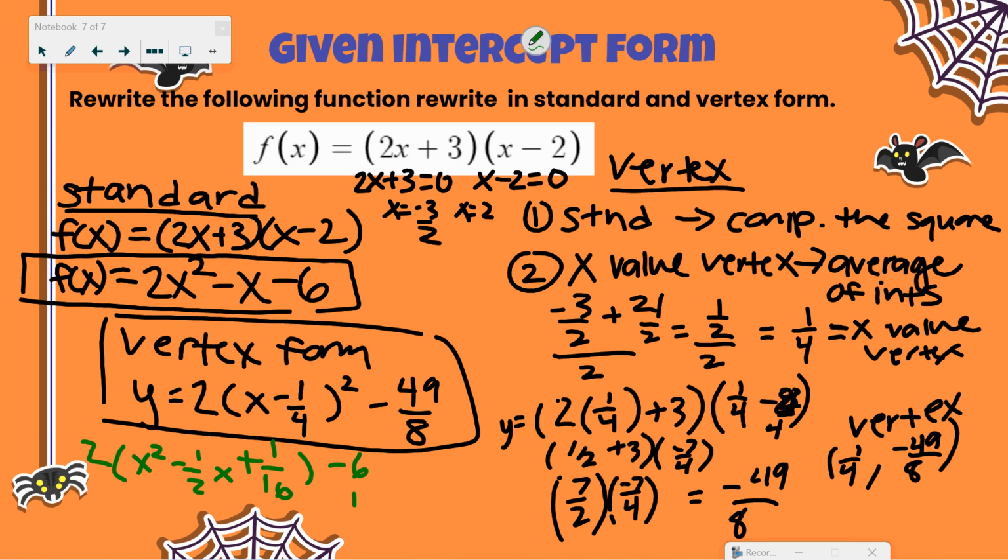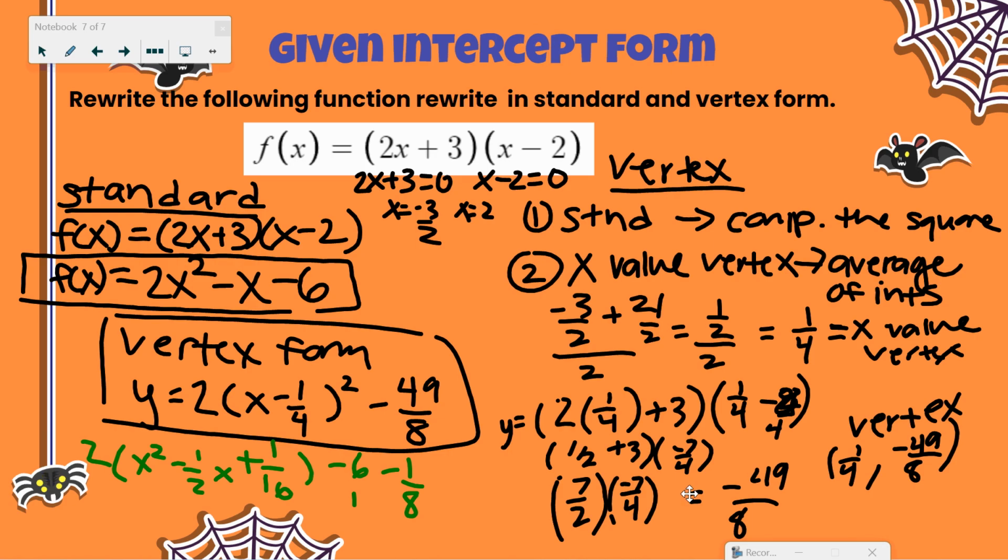And then this would have been me adding 2/16, which is 1/8. But if I added 1/8, what did I have to do to balance it out? I had to subtract it. So all you would have had to do here is -6 minus 1/8, which is equivalent to -49/8, because that would be -48/8.